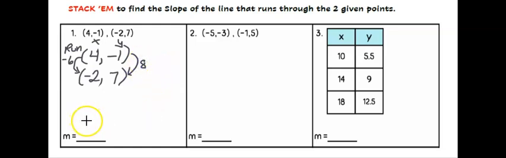So my slope is 8, the rise, over the run, -6, but that is not in lowest terms. So we have to put it in lowest terms by dividing 2 out of both the top and the bottom, and we get -4/3 for our slope.